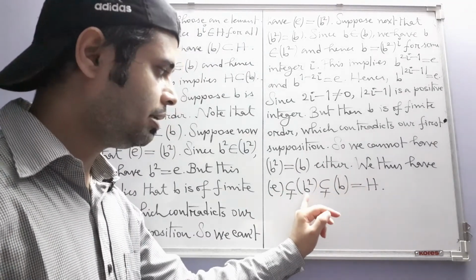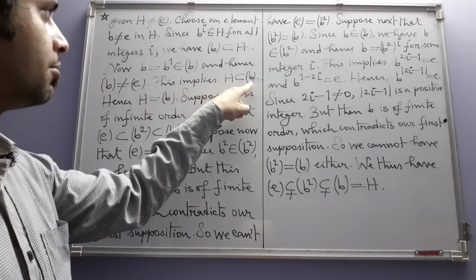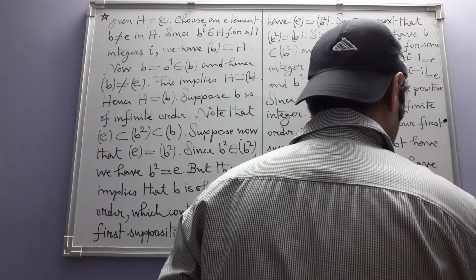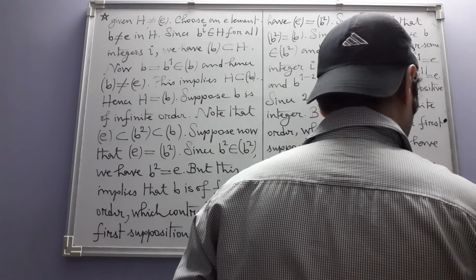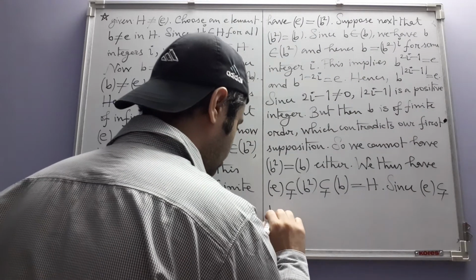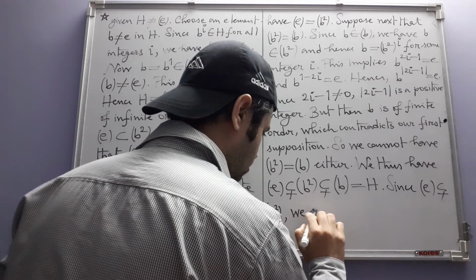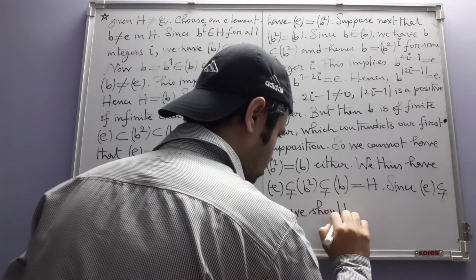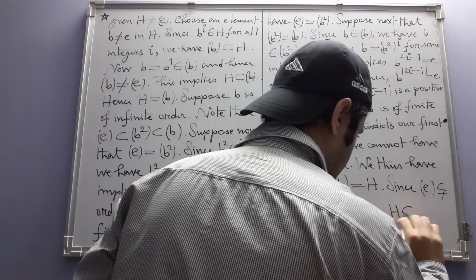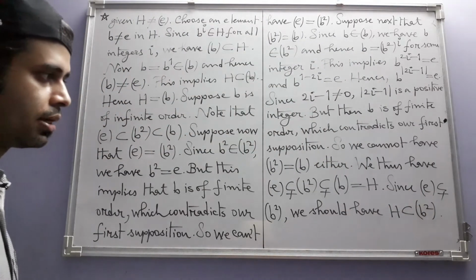So H should be a subgroup of B square, just like here H is a subgroup of B. Since this is properly contained in B square, we should have H contained in the cyclic subgroup generated by B square.